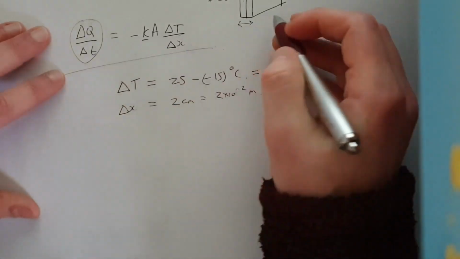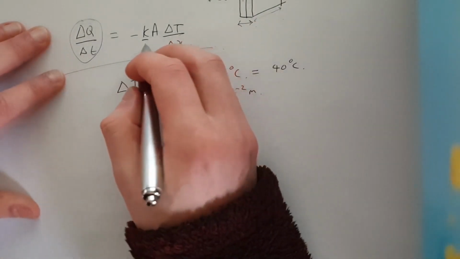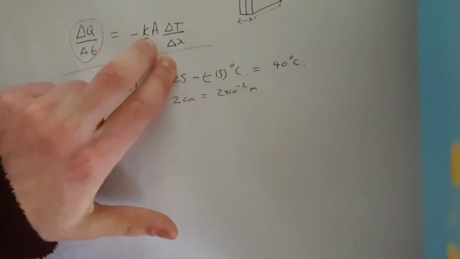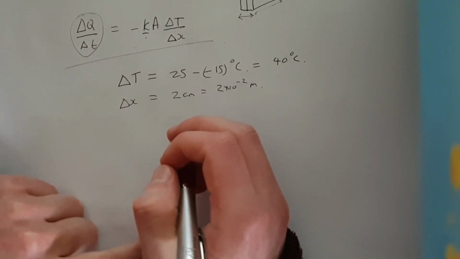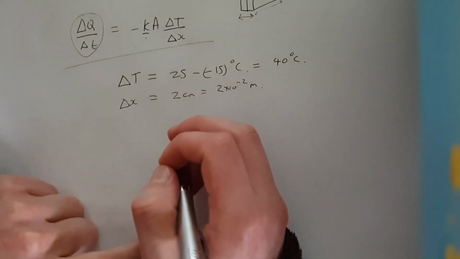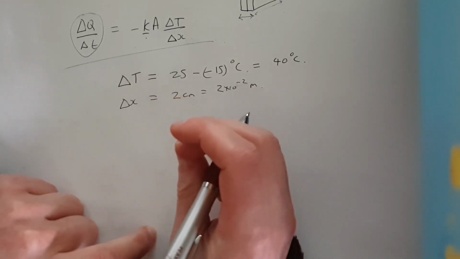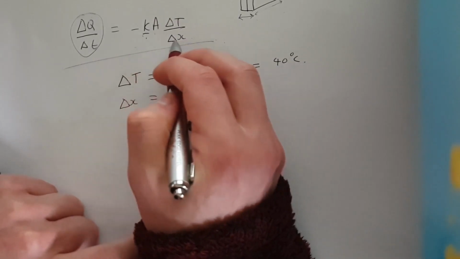We know A, and we know K total. And I'll tell you why we know A, K total and delta X: if we remember from previously, we used these three things to calculate the U value.